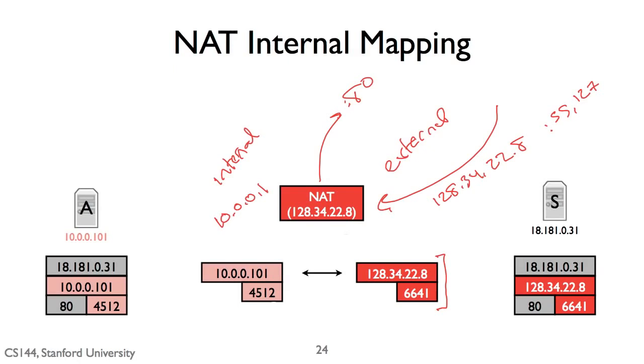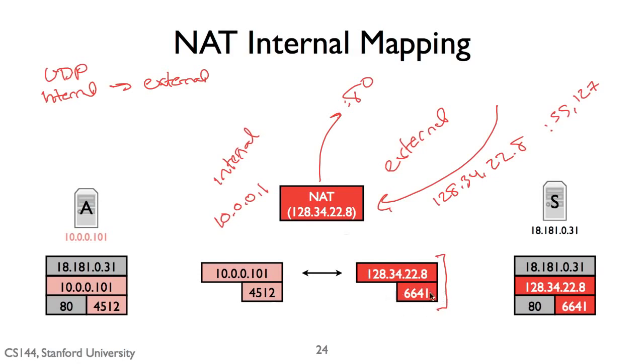So one question that comes up when you have a NAT is what causes you to set up these mappings? So you can imagine in the case of UDP, this is generally when a packet comes from the internal interface going to something external. The NAT sets up a mapping from that IP address port to an external IP address port.